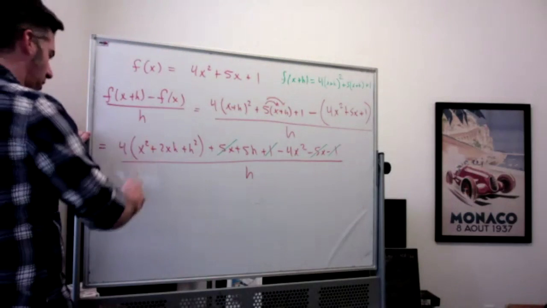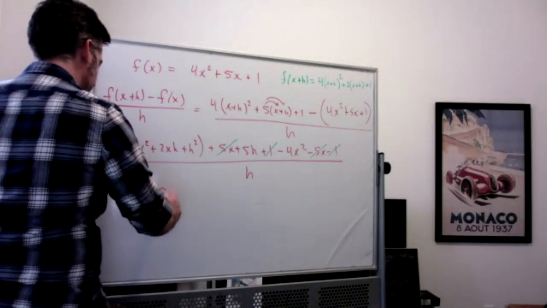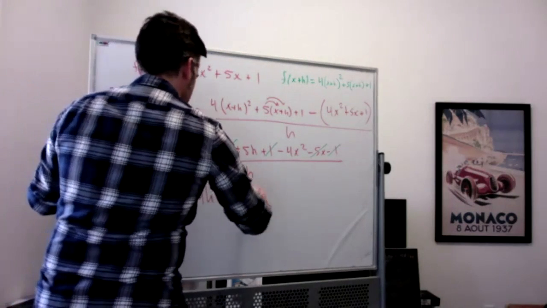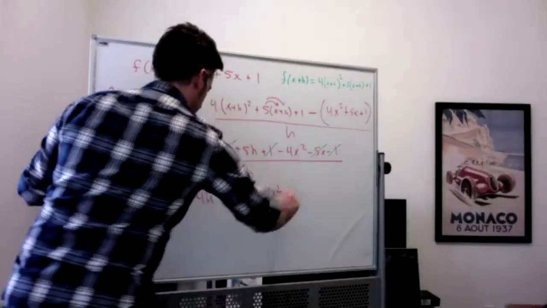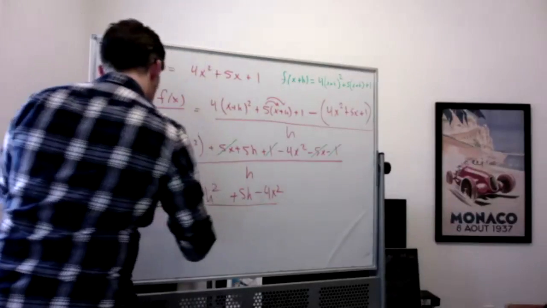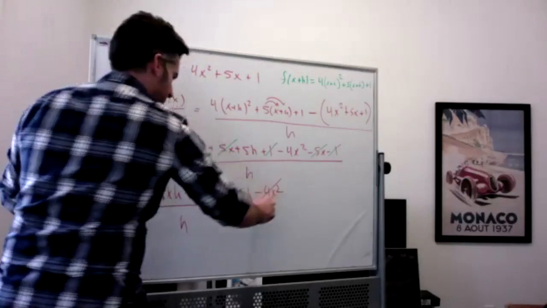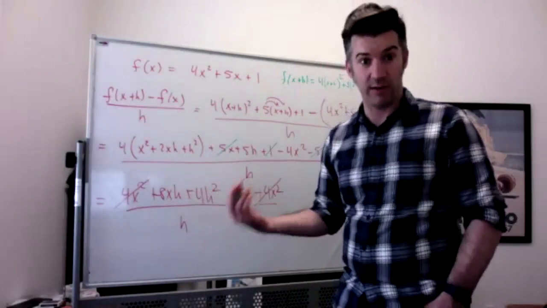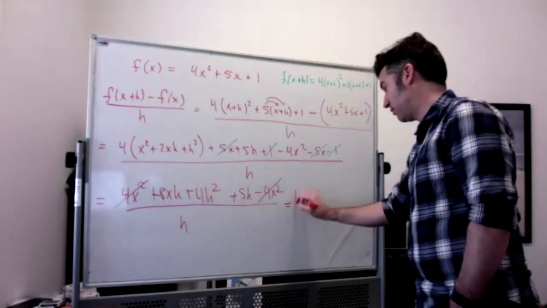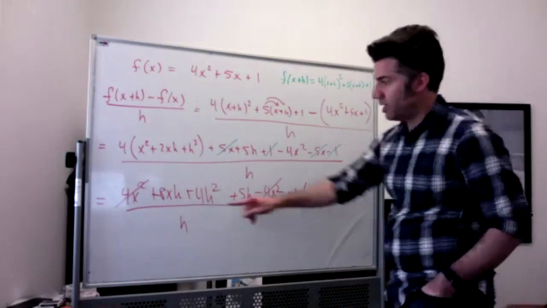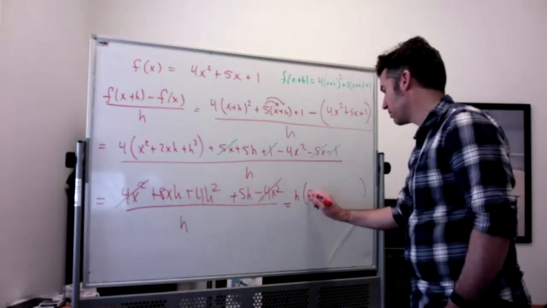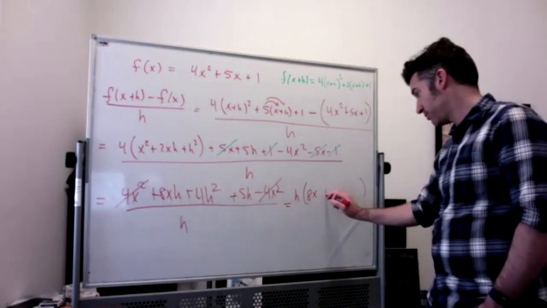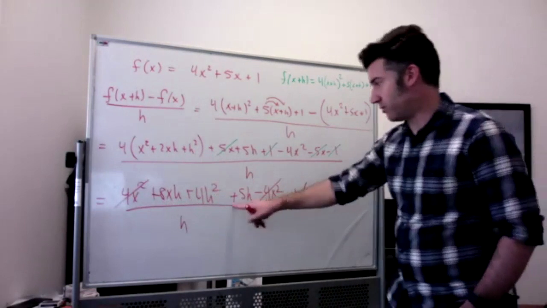So distributing the 4, I get 4x squared plus 8xh plus 4h squared plus 5h minus 4x squared, all over h. The 4x squareds cancel. The rest of the terms have an h, so I can factor out the h. Here I'm left with an 8x, here a 4h to the first, and here a 5.